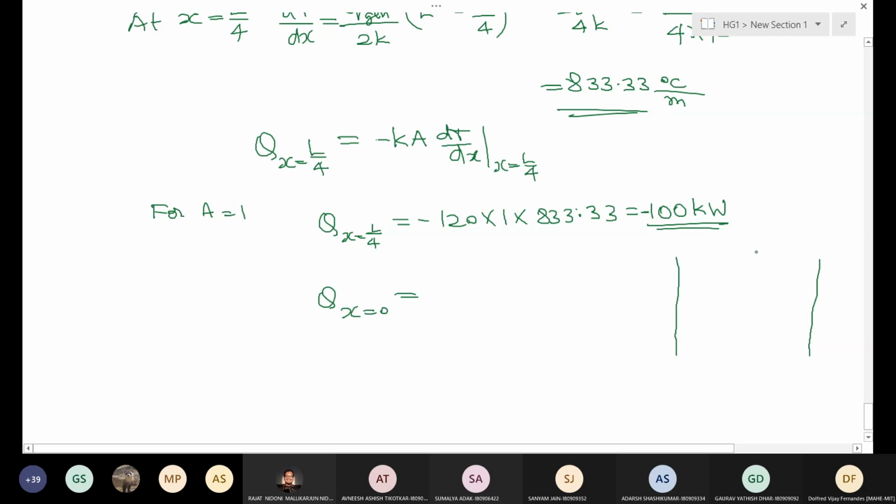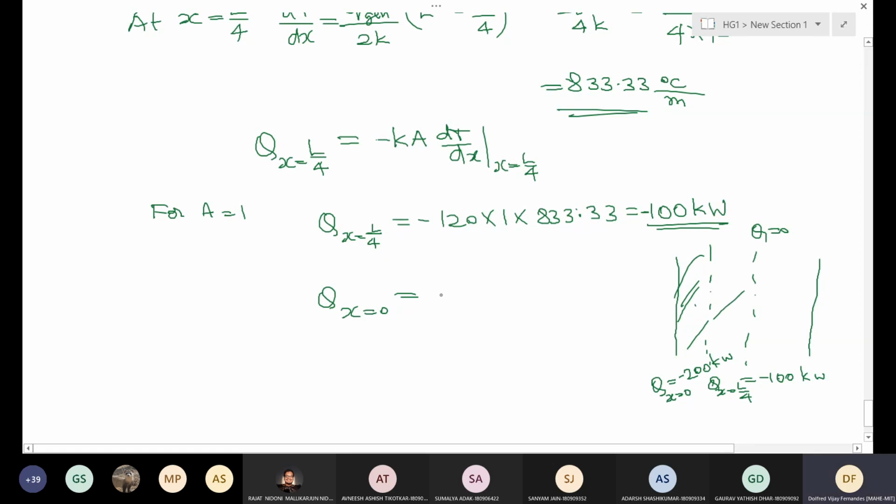At the middle of the wall, Q is 0. At the quarter, Q at x equal to L by 4, it is 100 kilowatts, right? So then what about x equal to 0? Minus 200 kilowatts. So you can see that it depends exactly on the volume, so this volume is same as this volume.